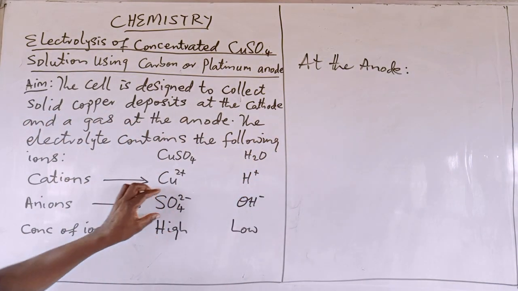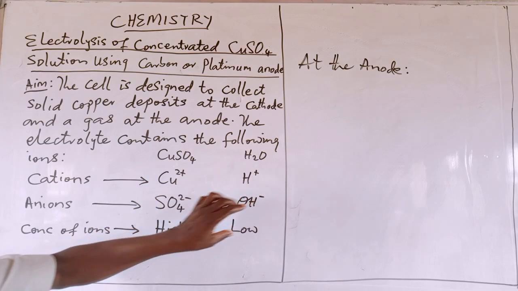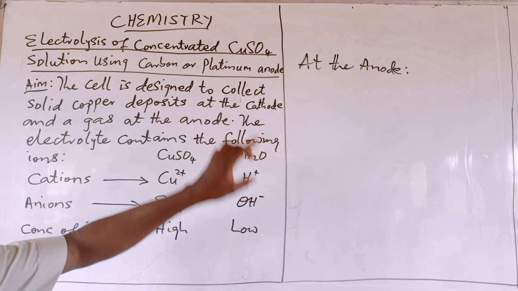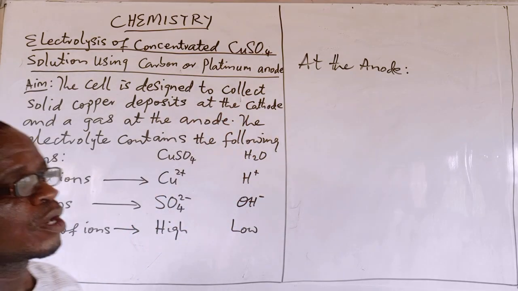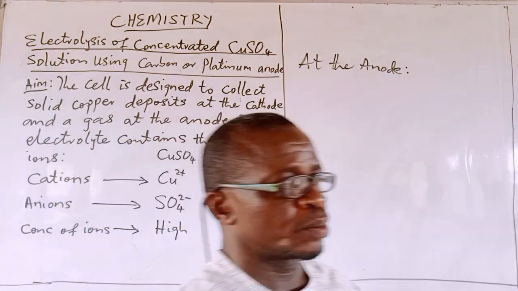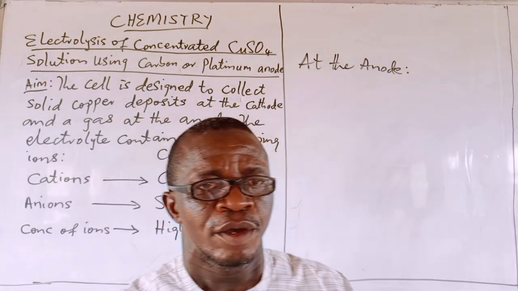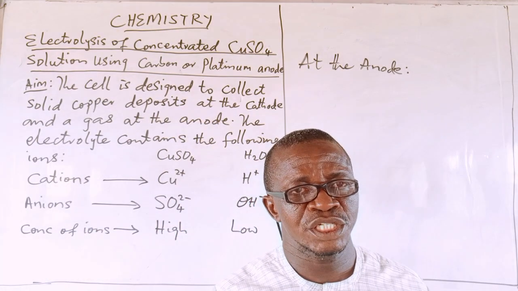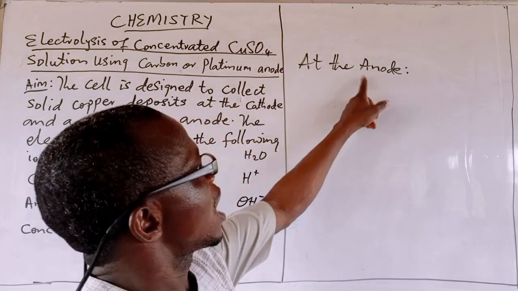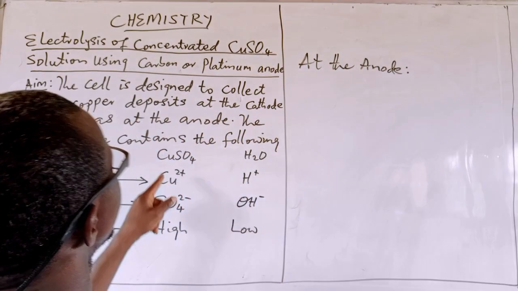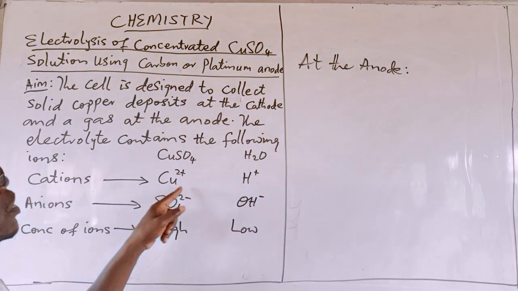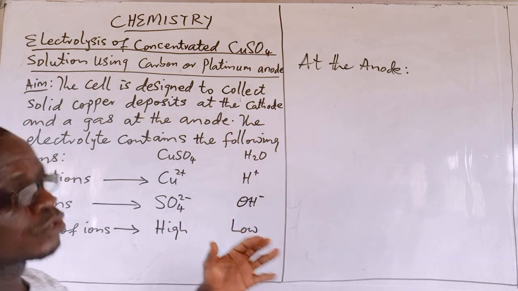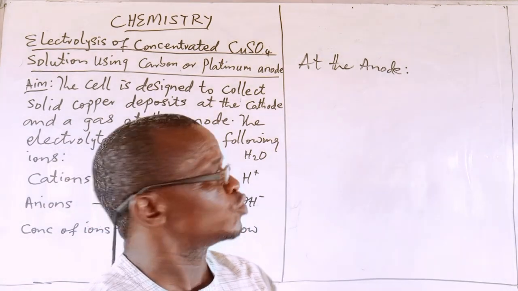The two ions that are negatively charged will move to the positive electrode. Remember, like charges repel, unlike charges attract. Since anode is positive, the negative ions will go close to it.